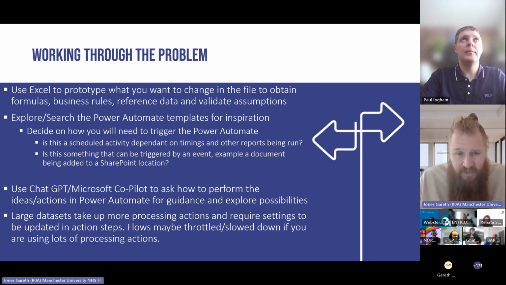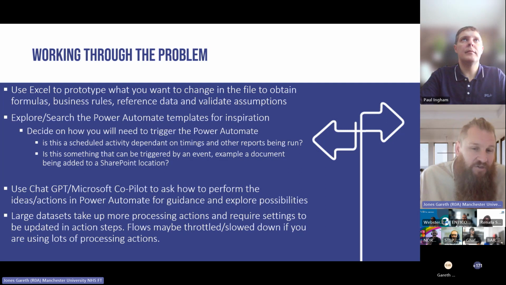But if it's dealing with a large data set, it could very well be the case that you're repeating those processing actions multiple times. So you just need to be mindful of that when you're testing these flows, that if you see a difference in performance from testing on a small data set to a large data set, it may very well be the case that is the reason as to why the flow slows down a little bit.